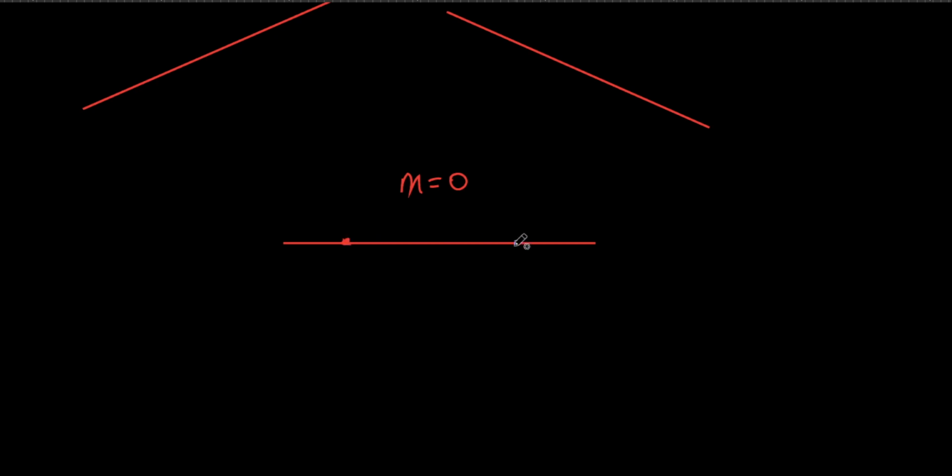What is the rise and run from, let's say, point A to point B? How far do I rise? I rise 0, don't I? So it's rise over run. How far do I run? Whatever the distance is, right? Okay, let's say it's 5. So it's 0 over 5. What's 0 over 5? It's 0, so the slope is 0.